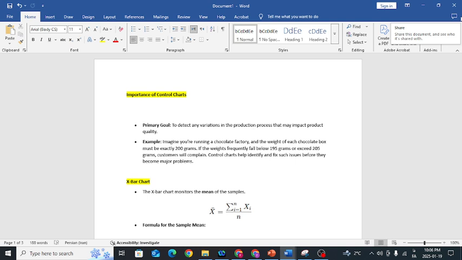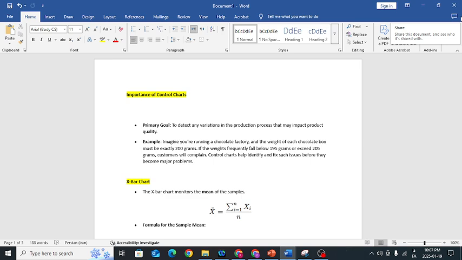If Six Sigma sets the ultimate goal of reducing variability to practically zero, today's topic will show you how to monitor and maintain quality in your everyday operations.